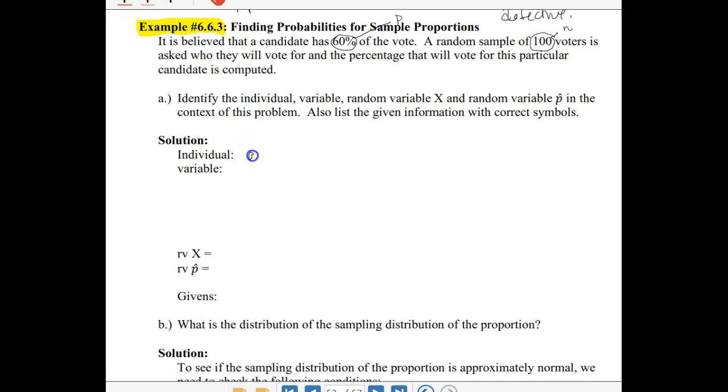So this is a randomly selected voter, and for each voter we asked whether or not they voted for this candidate. So again, this is a qualitative variable.